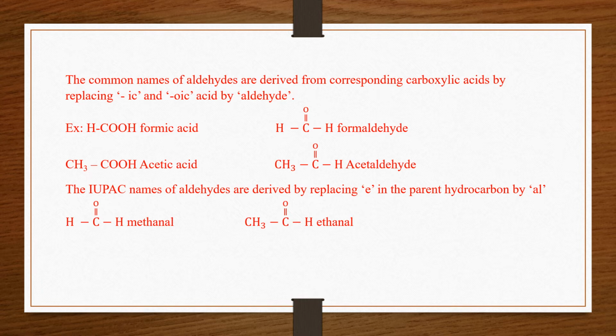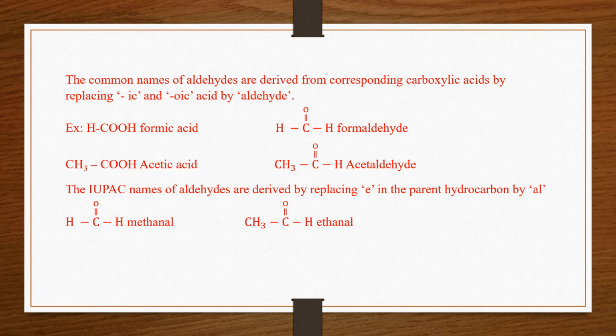CH3 C double bond O H. How many carbons are here? Two carbons. Can you name the parent hydrocarbon which has two carbons in it? It is called ethane. So now replace e with al.